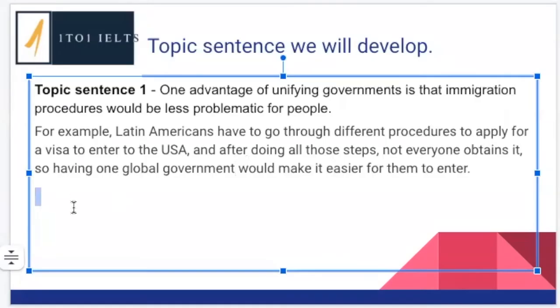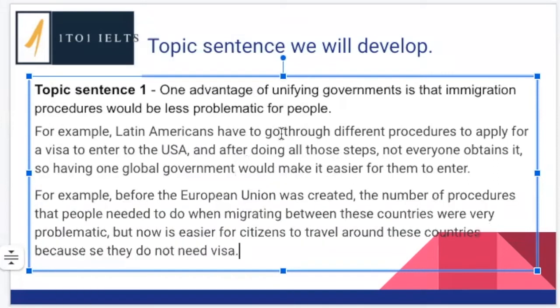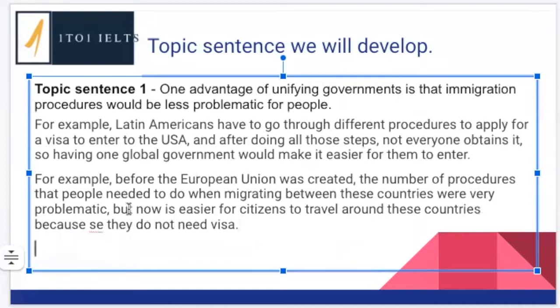What happened there? So for example, before the European Union was created, the number of procedures that people needed to do when migrating between these countries were very problematic.